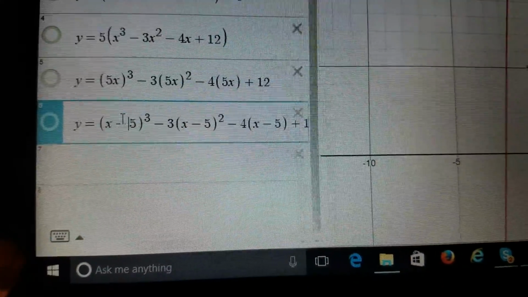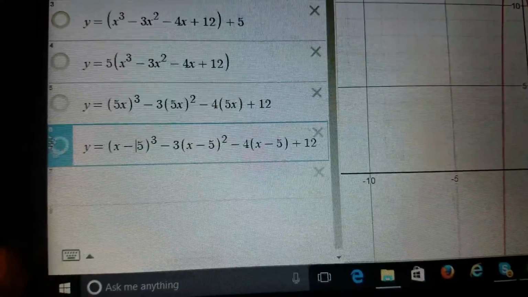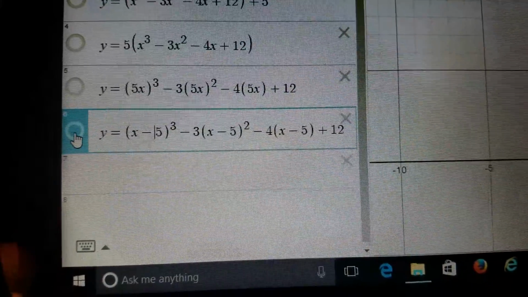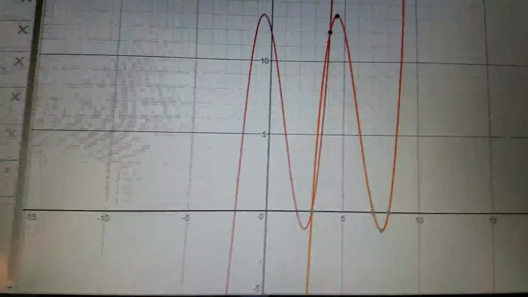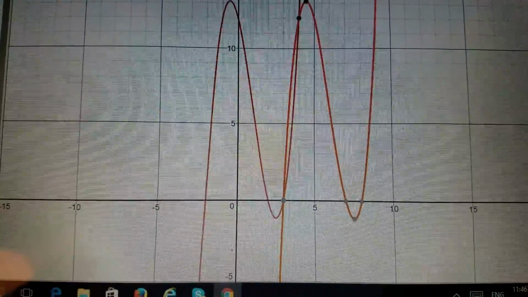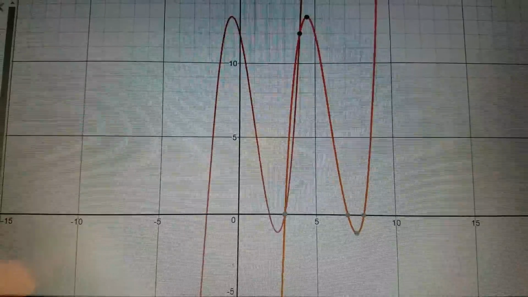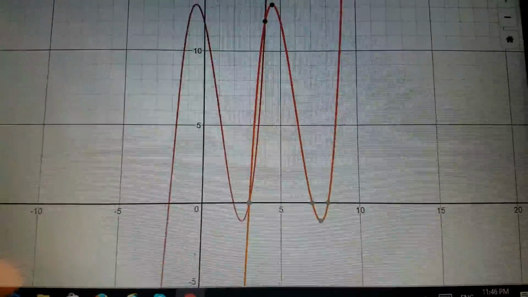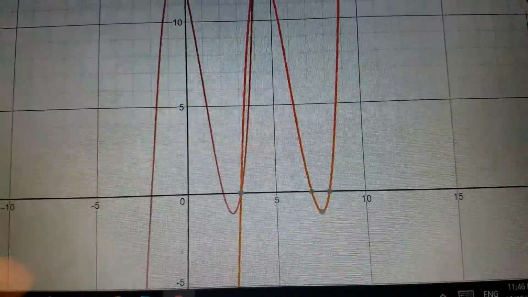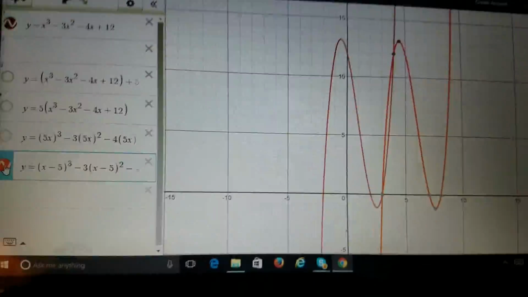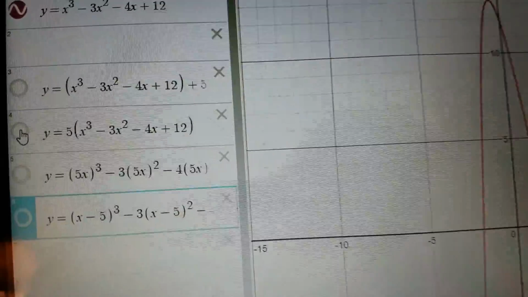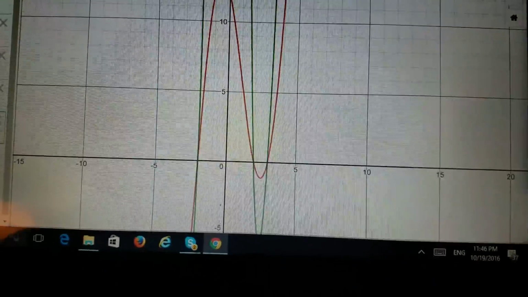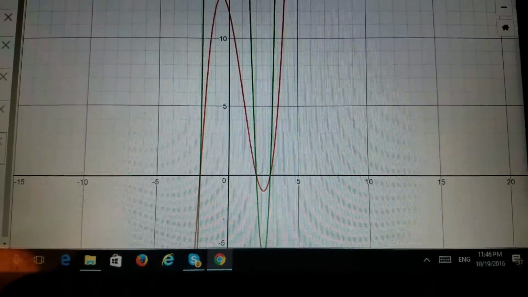And lastly, for answer choice D, what you're doing is you're just replacing x with x minus 5. And what this does is it shifts the graph right by 5. So this clearly changes the x-intercepts as well. So answer choice B would be the correct answer, since it doesn't change the x-intercepts.